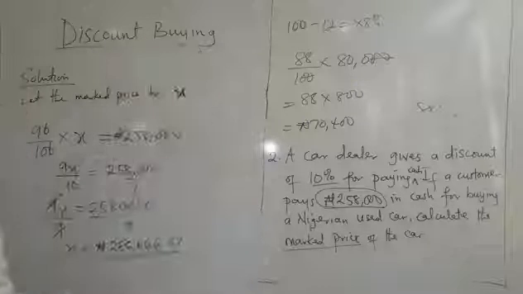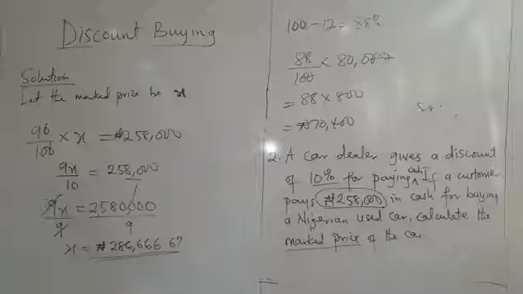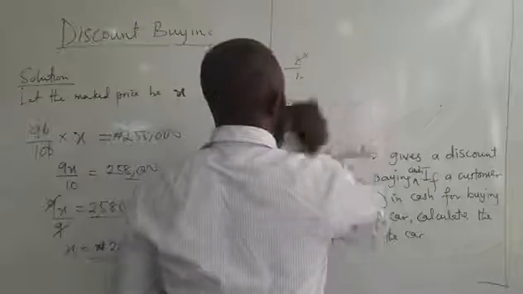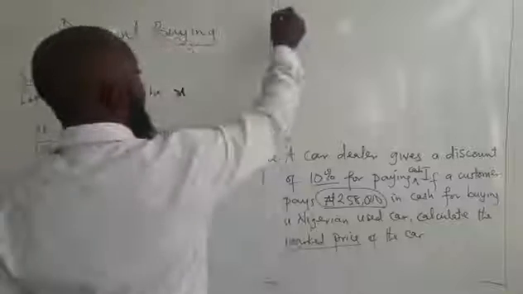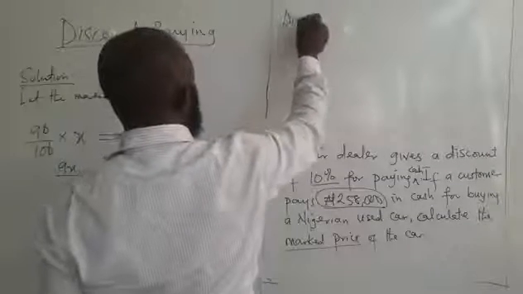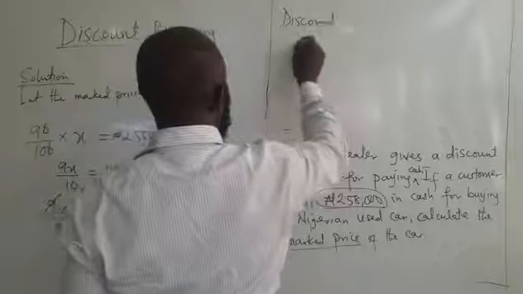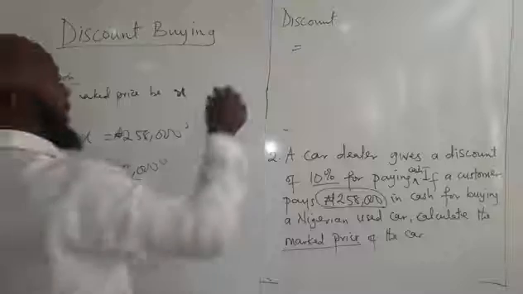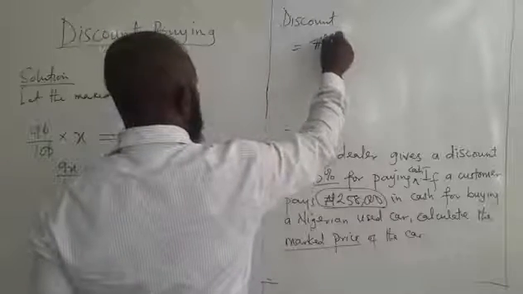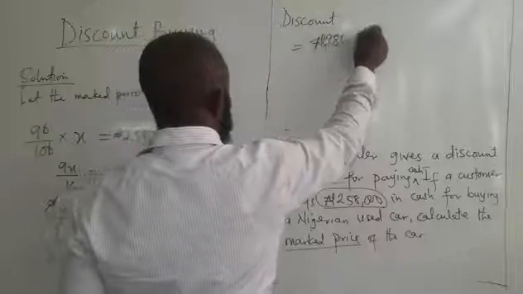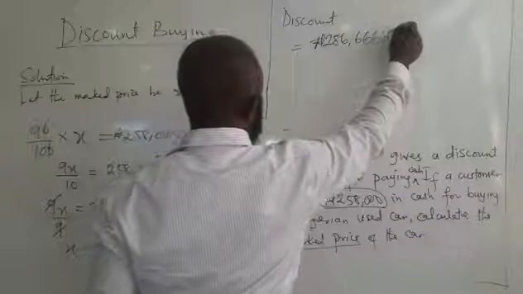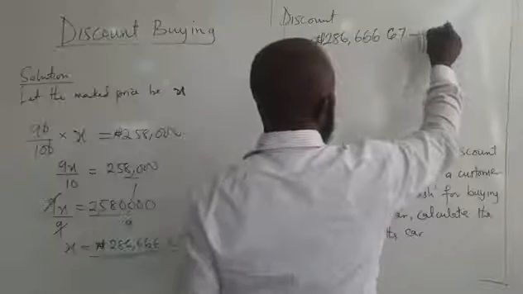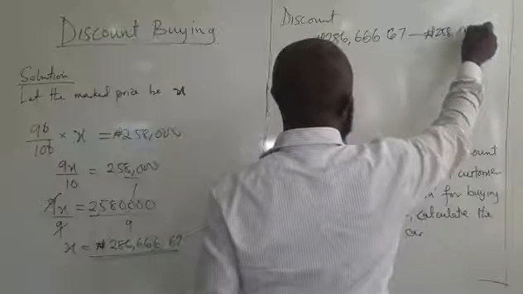Now another question can come after this. It asks, what is the discount? What is the discount deducted from the car? How are you going to calculate the discount now? The discount will be the original price of the product, 286,667, minus what the customer pays, which is 258,000.